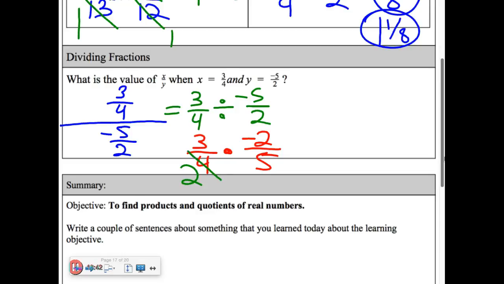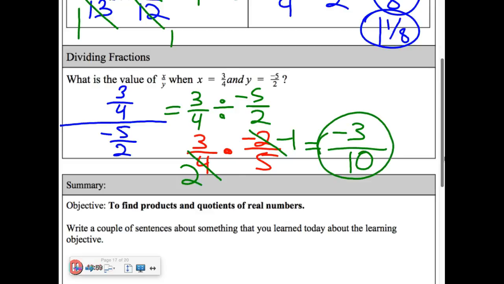And I'm also going to reduce the 2 by 2, so it's going to become negative 1. And now we're just going to multiply straight across. I have that 3 times negative 1, which is going to give us negative 3. And on bottom, I have 2 times 5, which is going to give us 10. So all together, we have negative 3/10. You're going to see a couple of those, but basically it's everything that we have done today. But your initial problem is going to start with that fraction over that fraction.